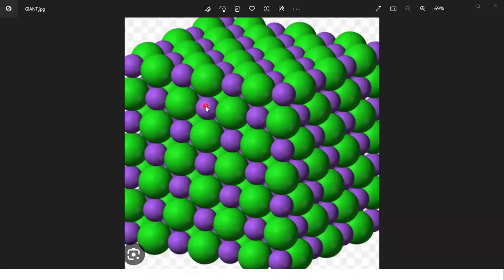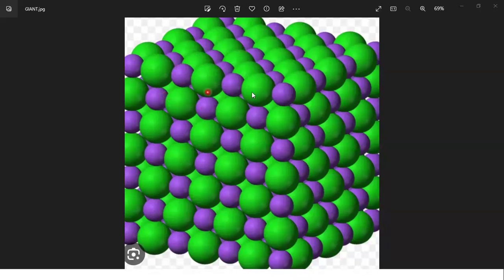So metals bond through delocalizing their electrons, more so the outermost electrons. When the outermost electrons are delocalized, they form electrostatic forces of attraction between those delocalized electrons and the positive nuclei of the metal atoms, so that they can form that bond.